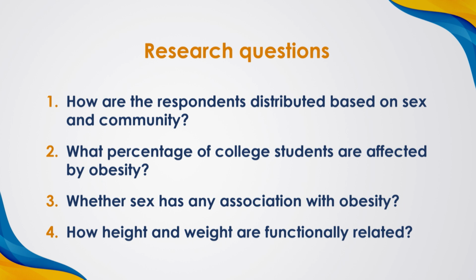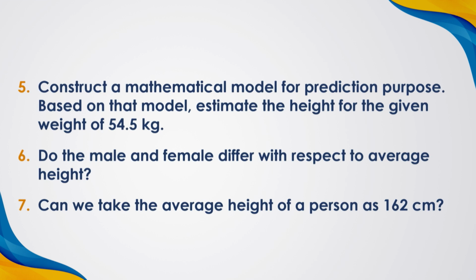They are: how are the respondents distributed based on sex and community? What percentage of college students are affected by obesity? Whether sex has any association with obesity? How height and weights are functionally related? Construct a mathematical model for prediction purpose.